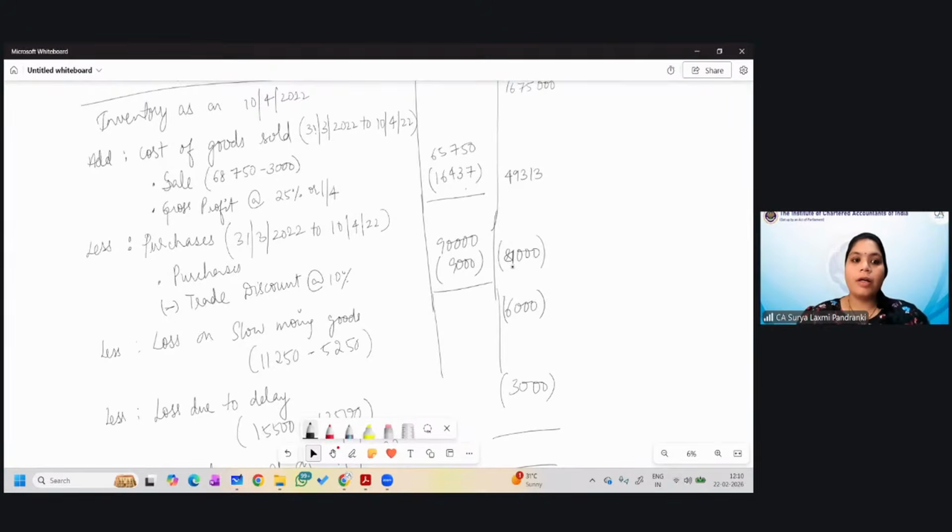Then we have removed purchases of the next year, and then slow moving goods and loss due to delay also we have adjusted. So 1,634,310. Hope this is the right answer. Did everyone get that? 1,634,310. How did you get 0 in the end? I think we have some 3 here, no? We got 3 here. So I think you rounded it off. Fine, fine.